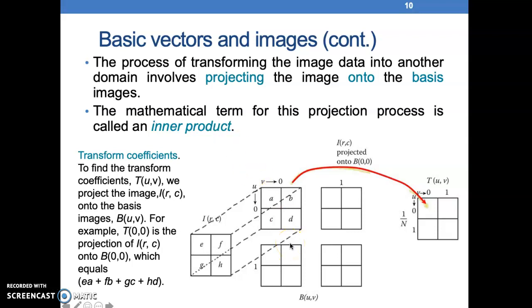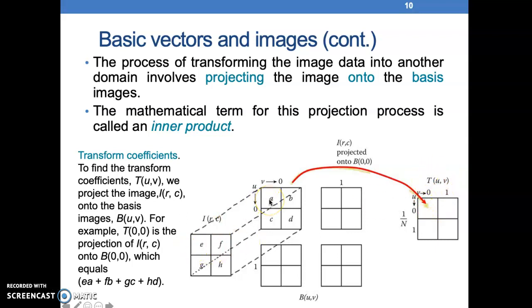Inner product is where you multiply I(r,c), the spatial domain input image, with the basis image. You project these two, then you get T(u,v).